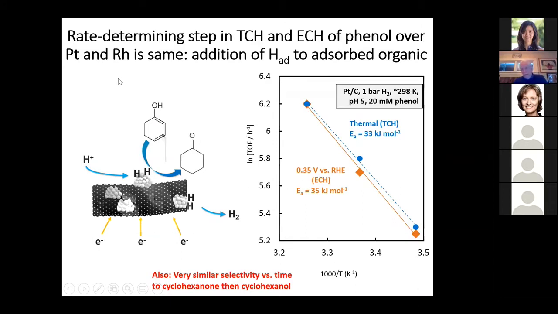And what it seemed like to me is that the mechanism was the addition of adsorbed hydrogen to the adsorbed organic in the rate determining step.